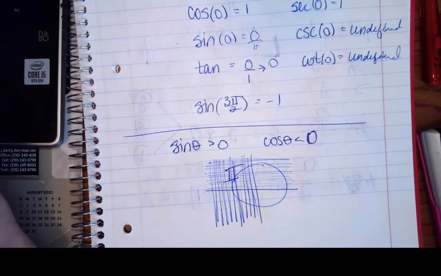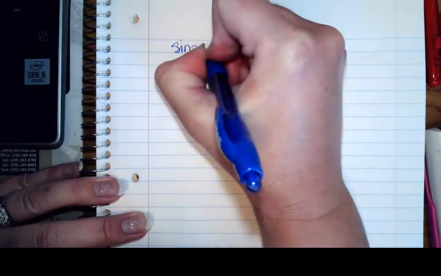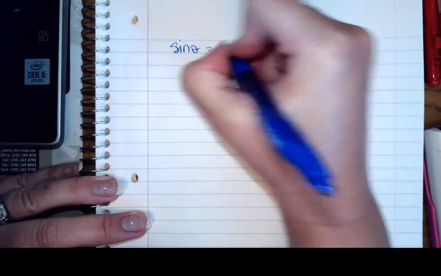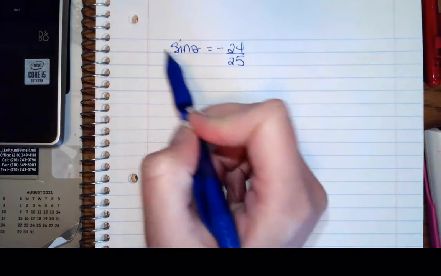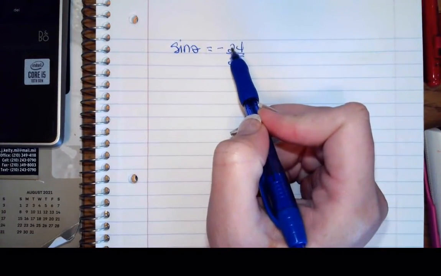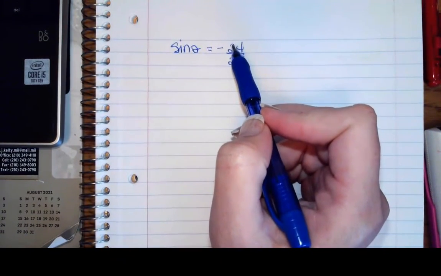So let's give you another example like that. Let's do the sine, and let's really put some meaning into this. I've got the sine of theta is going to be negative 24 over 25. So your y values must be negative, so I must be under the x-axis.